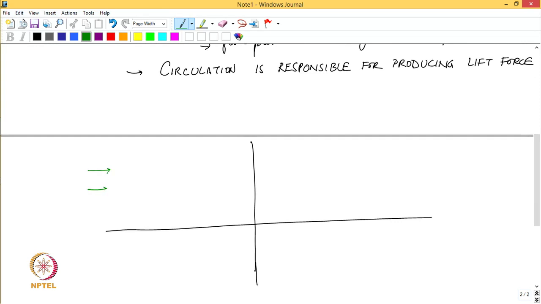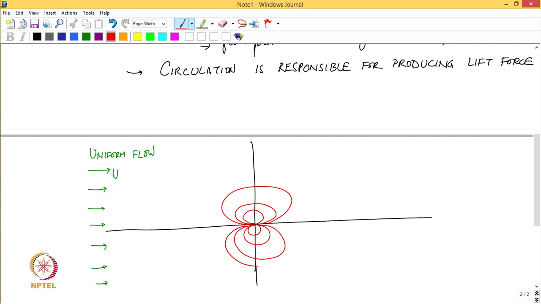So, we have a uniform flow, which has a potential of u times z, so I will just represent that by velocity u. We have a doublet, which is formed by superposition of a source and sink. So, this is, say, a doublet.